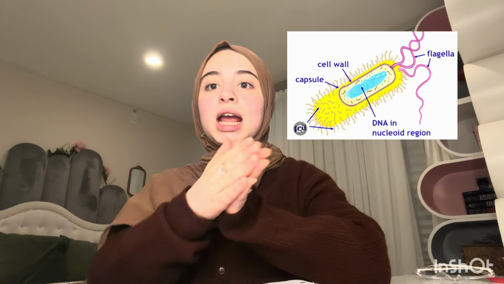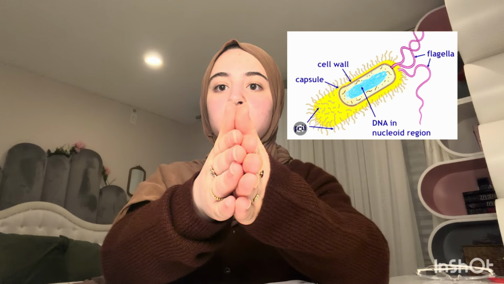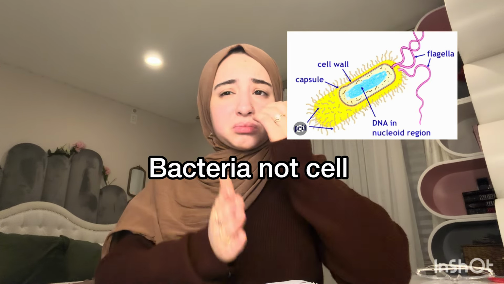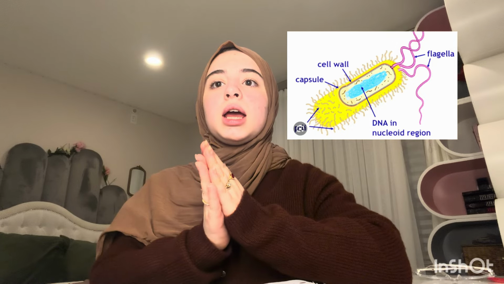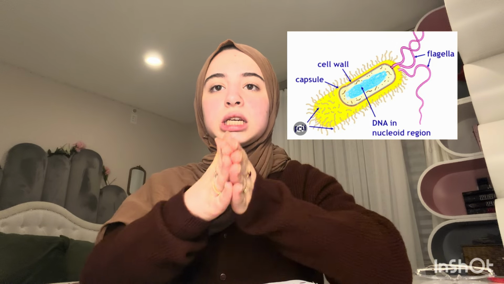So, prokaryotes have flagella, and they have pili. Flagella are long tail-like things that enable the cell to swim.